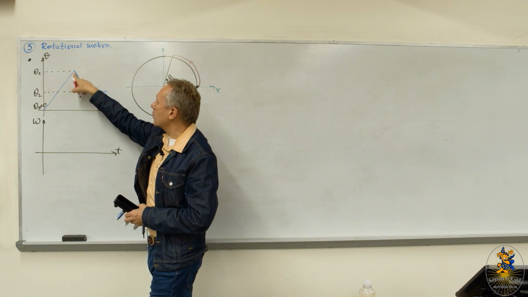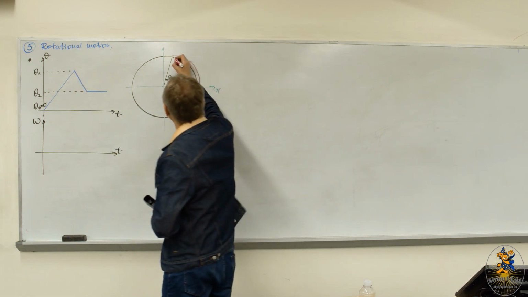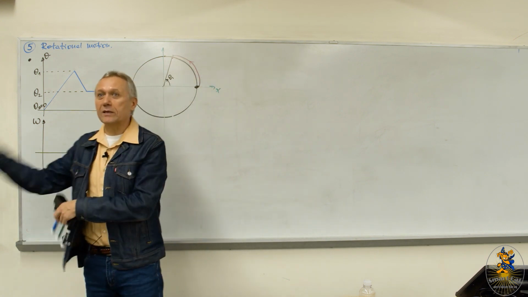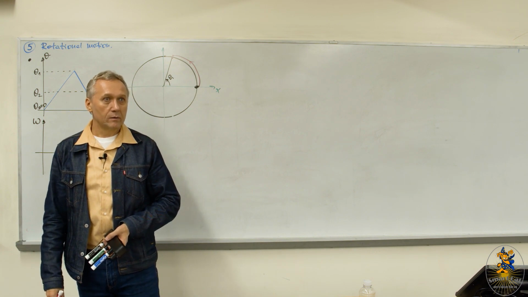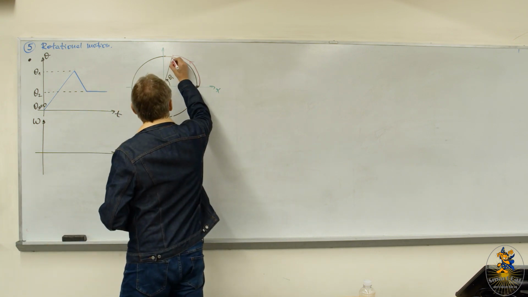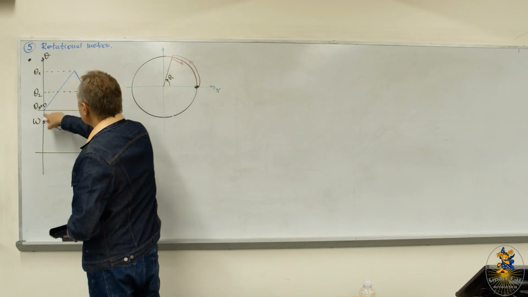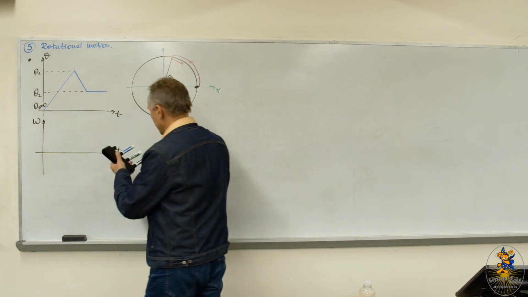and then the angle starts going down. So it means that at this point it stops and you start spinning the disk in the opposite direction, essentially. So now theta decreases, and it doesn't decrease to 0, but to some angle theta 2.